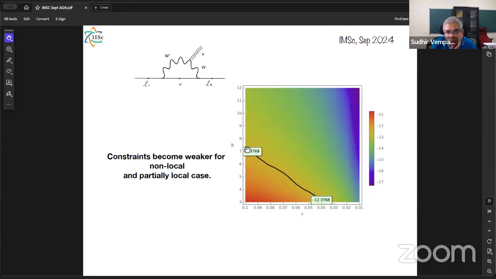We show that a large part of the parameter space is already probed. This is a heavy model that sits at the TeV scale, and a large part of it is already being probed by mu going to e gamma. The constraints become weaker for partially non-local and non-local cases.